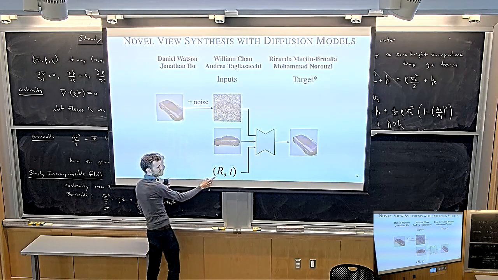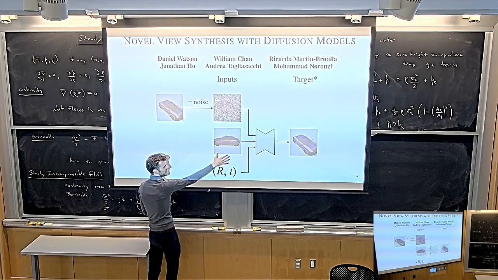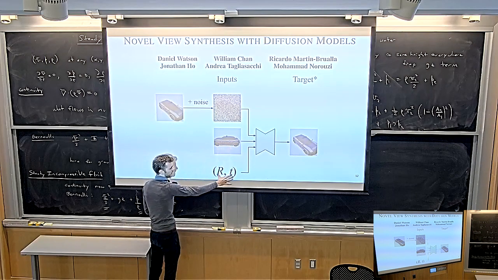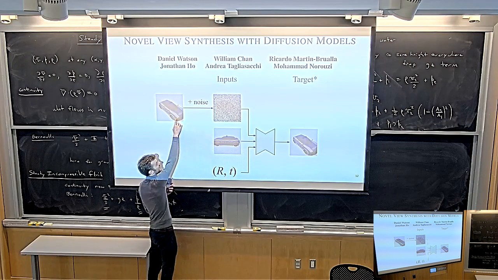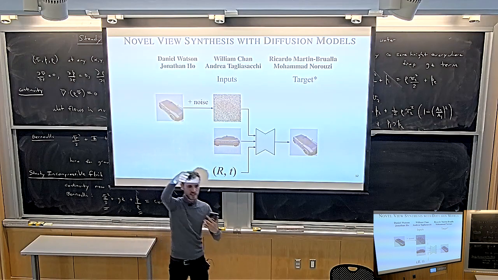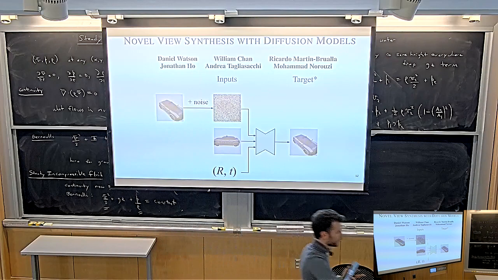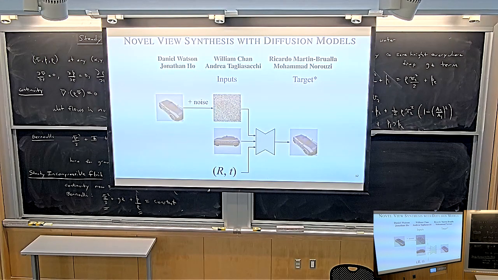We get their relative camera pose, and then we train the model like this. Context, camera pose, stuff both of that into a neural network, and then take the target image, add noise, and then all we do is we ask this model to denoise the target image. Does that make sense? Questions?